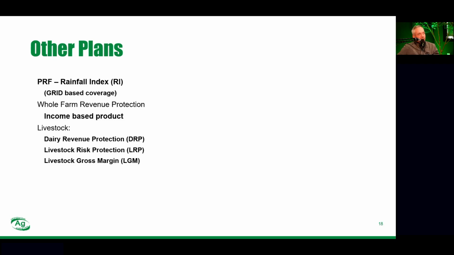The Whole Farm Revenue Protection plan, WFRP, is a revenue-based product. It's basically insuring your farm's total dollars. It's insurance based off your Schedule F is one of the ways I like to refer to it. Not a lot of farmers in our part of the world are using that.